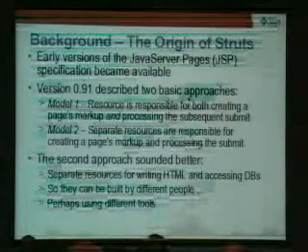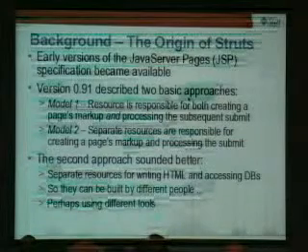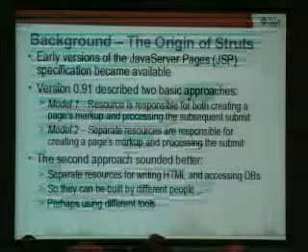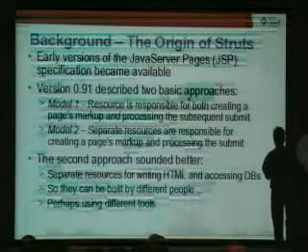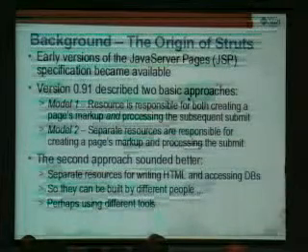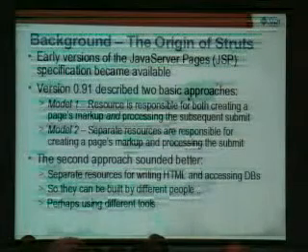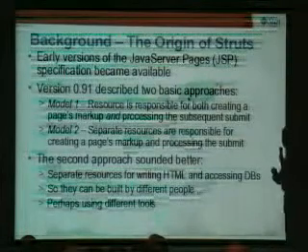So there were two versions originally from the JSP specifications. One of them was that the framework would have everything in one JSP. You would have your presentation layer, and you also have your business layer, all wrapped into one JSP.